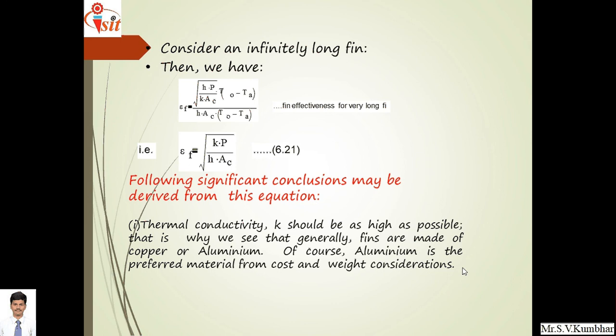So again we will consider those three cases that we have derived. Consider an infinitely long fin, then its effectiveness is given as square root of hPkAc times (Tb minus T∞) upon hAc times (Tb minus T∞). So this is the fin effectiveness for long fin. After solving this, we will get epsilon_f is equal to square root of kP upon hAc.